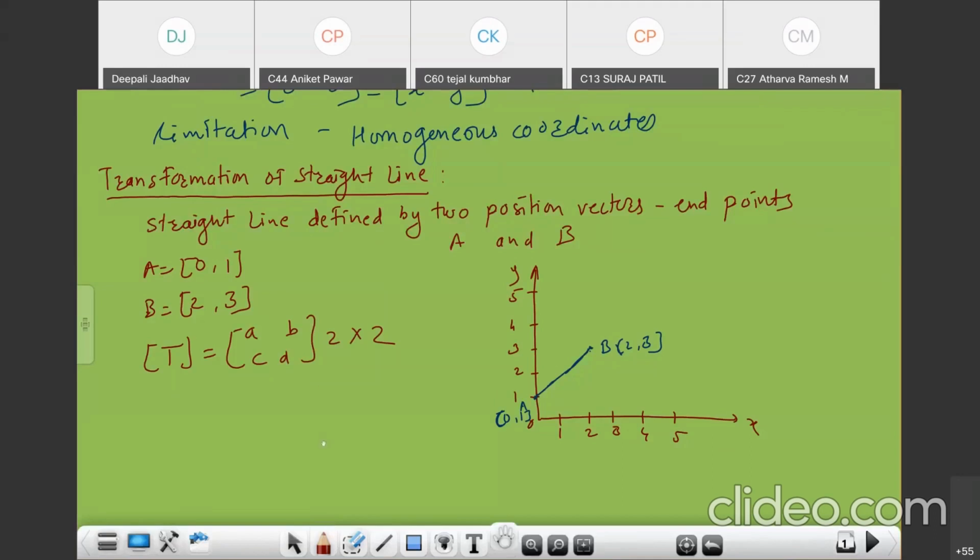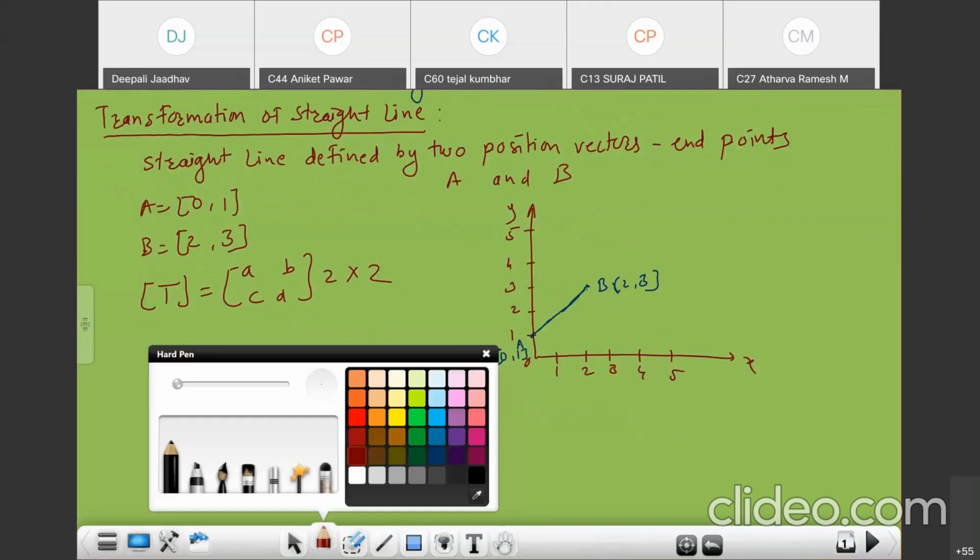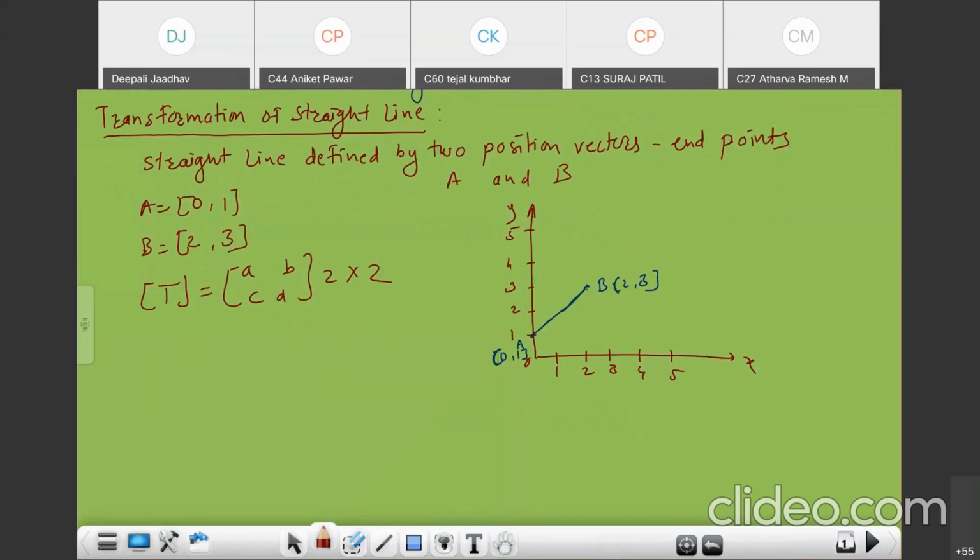Now transforming this line with two endpoints A and B with some transformation matrix, we get a new line with new points. We call these new points A star and B star when we transform this line.